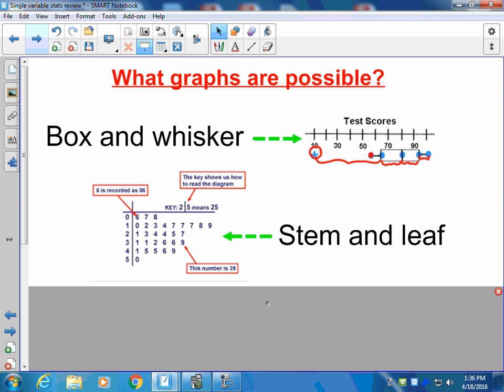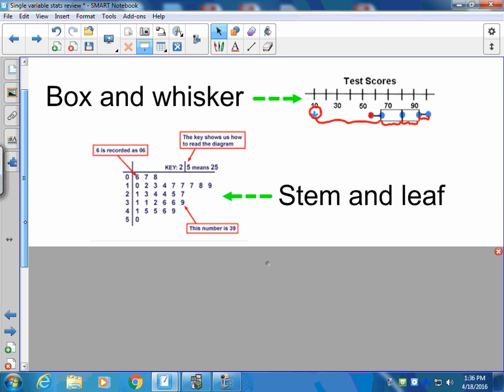Now, the other thing that you might be required to do is a stem and leaf plot, where you've got your stem as your initial value, the leaves go out from there, and you always want to show a key to show how those values are built. Looking at some of these first entries, 0 | 6 just represents the value 6.